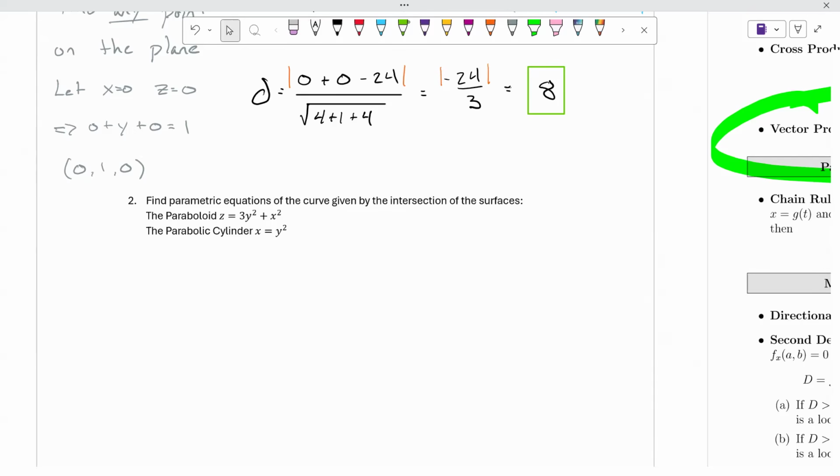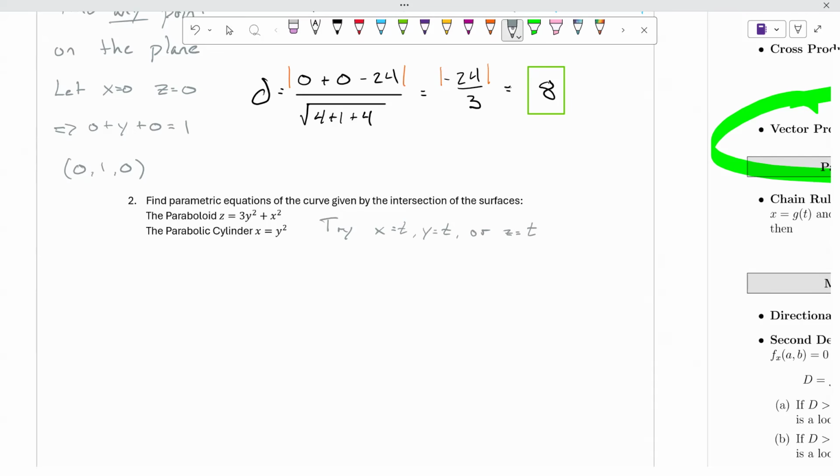So instead, we are going to try one of the three variables equal to t. So we're going to try x equal t, y equal t, or z equal t, and just see which one works.